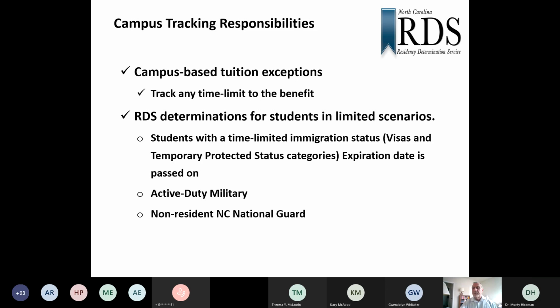So the question came up, and this is really more about grants, but I'll tell you what I know from Jeremy at Cape Fear about one of those exceptions, like the U.S. citizen public high school graduate exception. Do they still get access to the Longleaf grant? I believe the answer is no. That's been looked at.